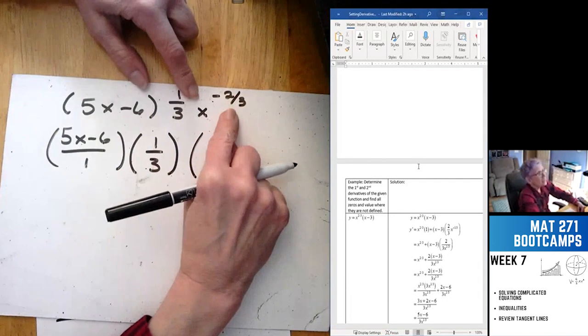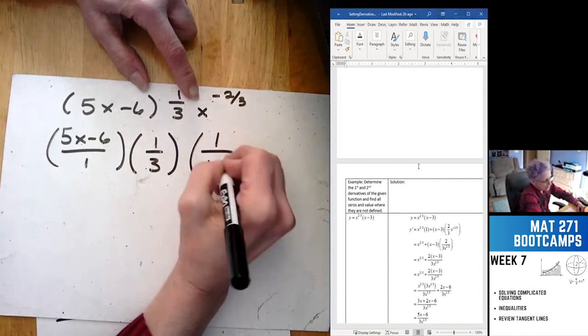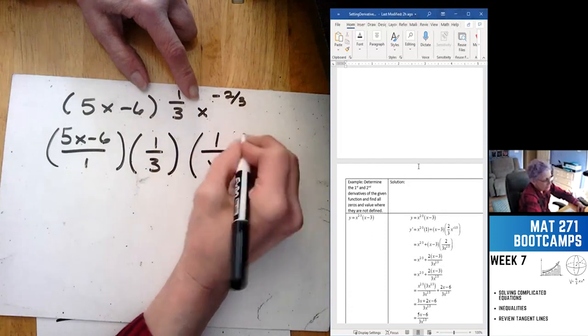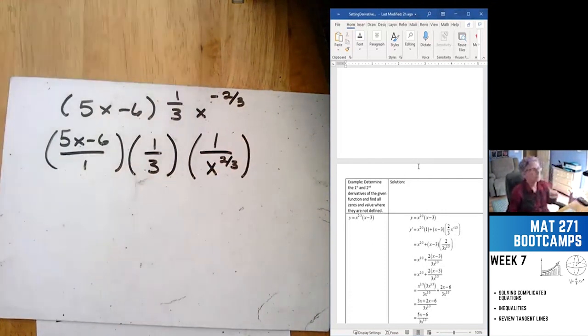And then this negative exponent, I'm putting it under the fraction bar. And when you put it under the fraction bar, it becomes a positive exponent. Okay. Now that's what I was missing. So that's technically, it's not 3. Yeah, that would make sense now. It would have to be 1 over 3x to the negative 2/3, right?